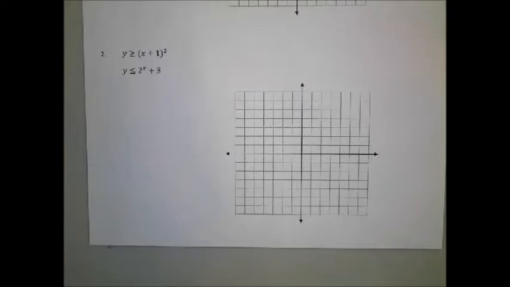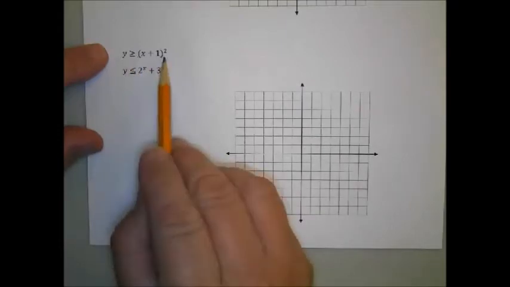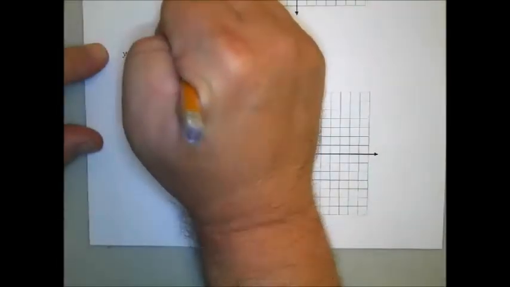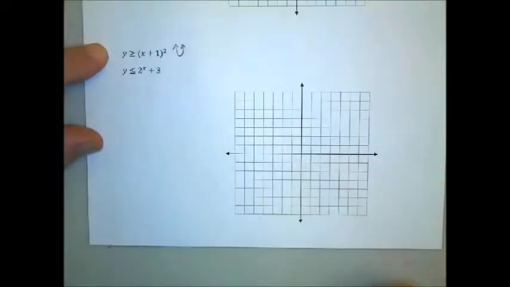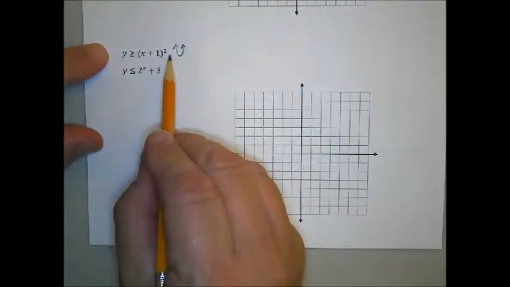My second and final example for Objective 8 again looks at another parabola. Just by the characteristics of the inequality, we know it's a parabola, we know it's up, and we know its vertex is at -1, 0.